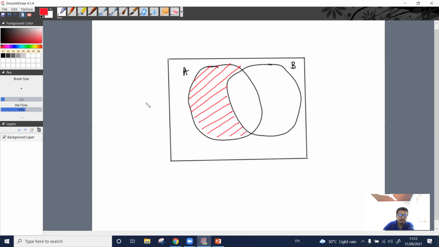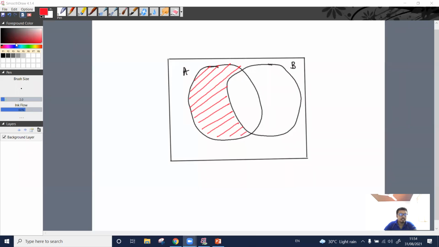What is the area I have colored here? I have highlighted here. What? Yes, that is the area belongs to only A, not B minus A. That should be A minus B. Yes, right. In words, this is the area that belongs only to A.